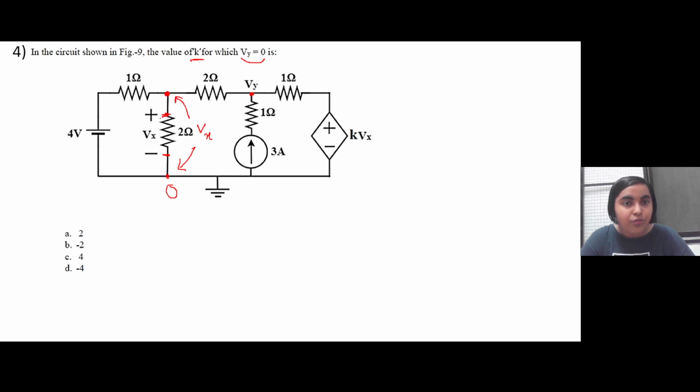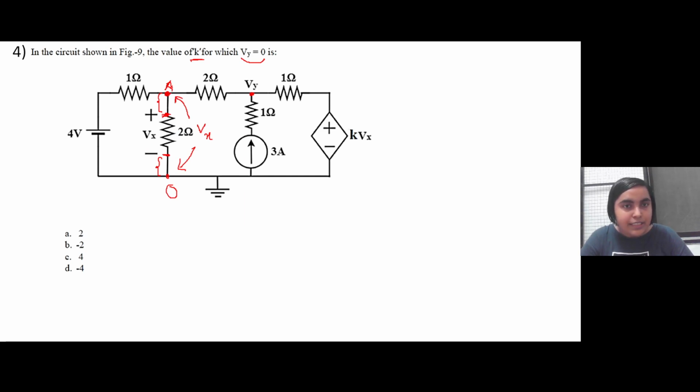So there will be some current flowing across this 2 ohm resistor. Nothing else is connected in this portion, only this voltage drop. So in this particular branch from A to O, the voltage drop will be only because of this resistor. And what is the voltage drop across the resistor? Vx.